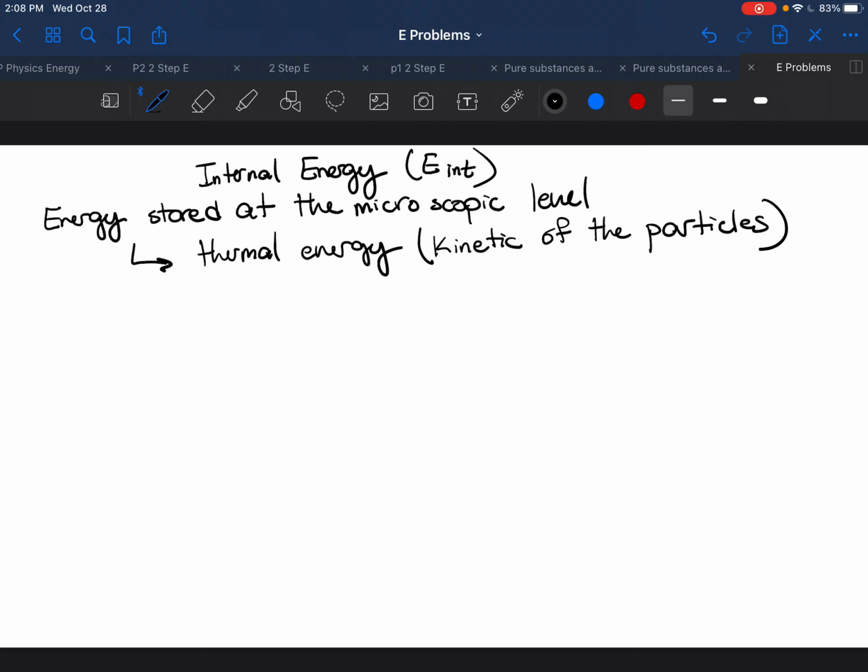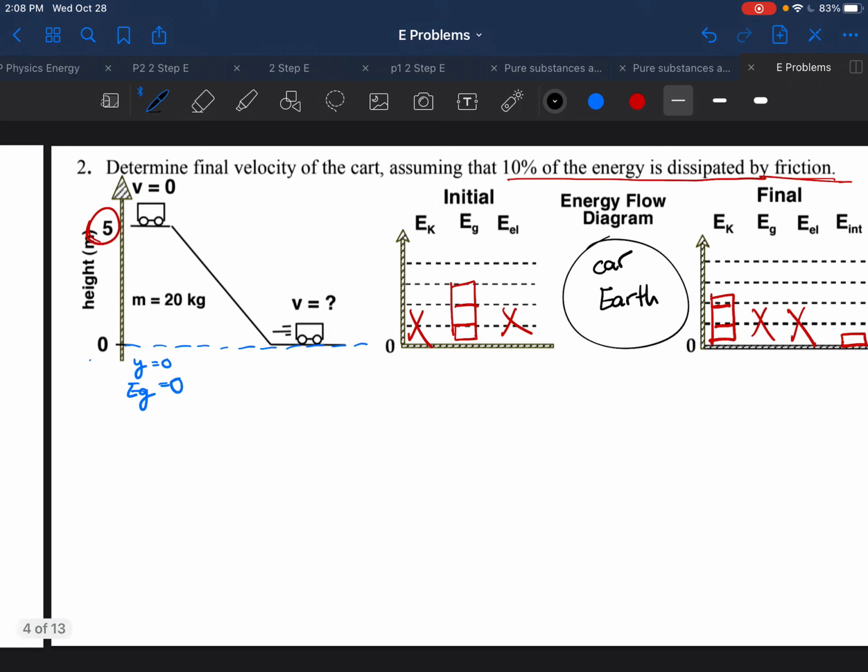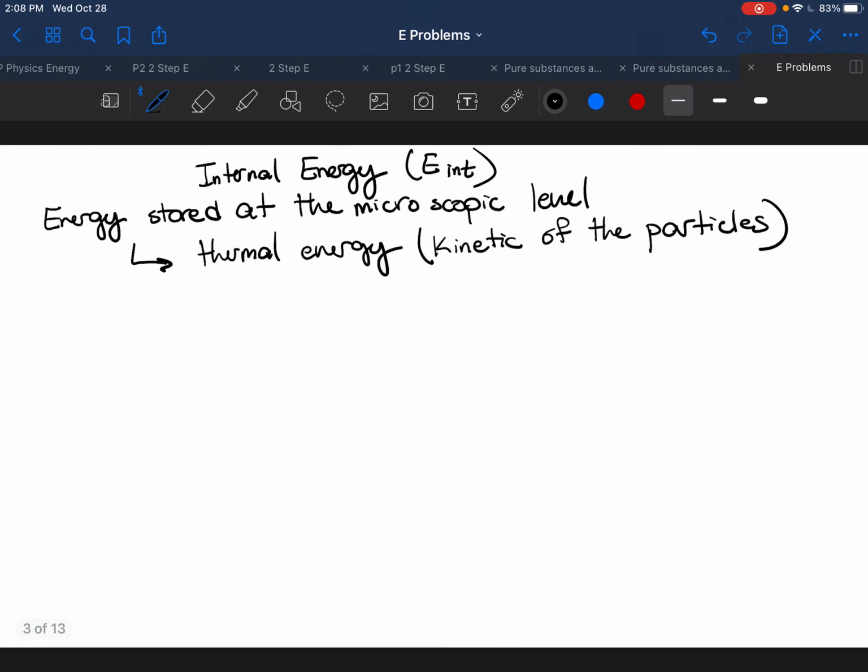If you take your hands and rub them together, you generate heat between your hands. What that energy is, is the particles moving faster in your hands. So in this case, as the car goes down the ramp, there is friction between the tires and the hill. If we have the tire beforehand, at the microscopic level, the tire is made up of all these internal particles, and the particles are vibrating back and forth a little.